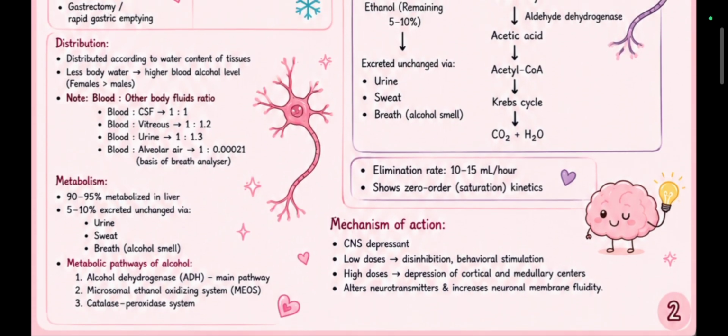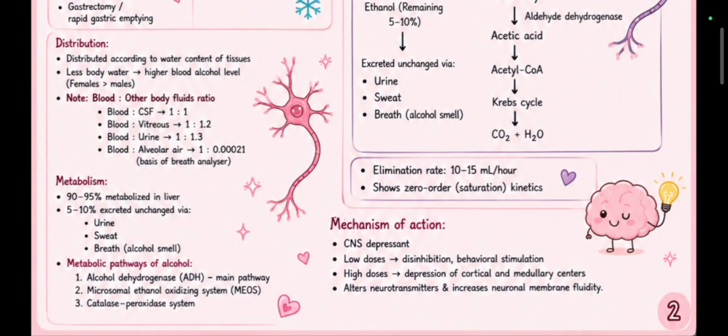Now I told you about the microsomal ethanol oxidizing system, or pathway. MEOS is also an important pathway, and its site is the same liver cells. The main pathway, the alcohol dehydrogenase pathway, has its site in the cytosol of liver cells.